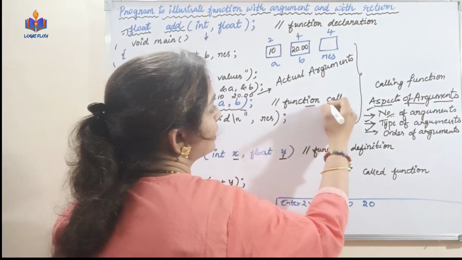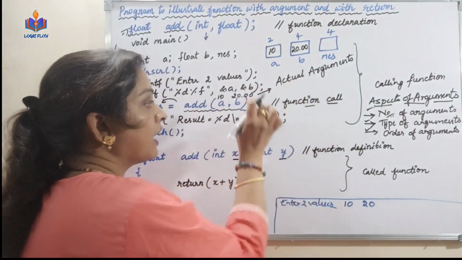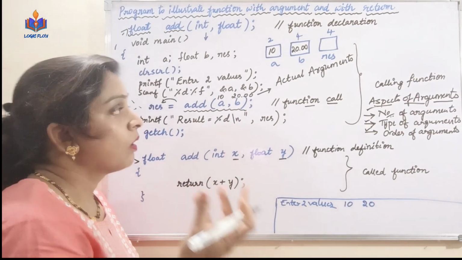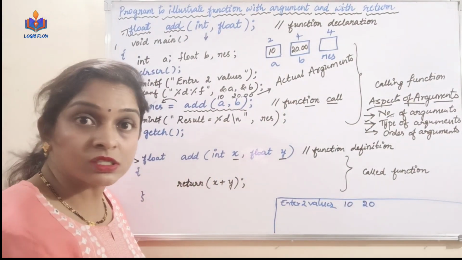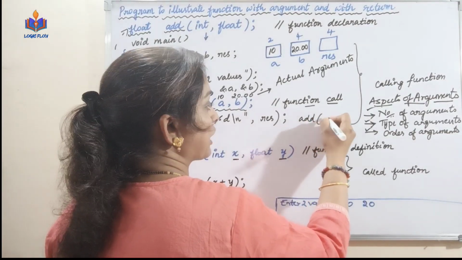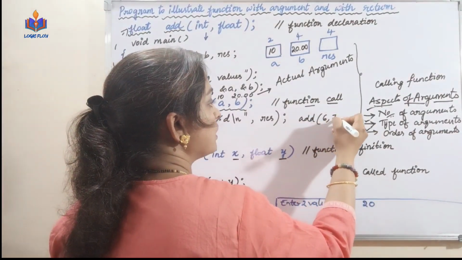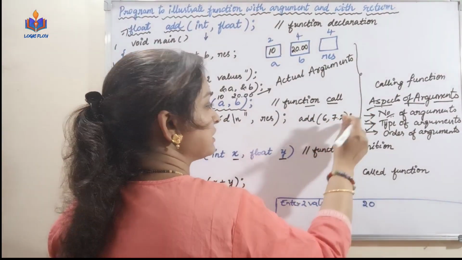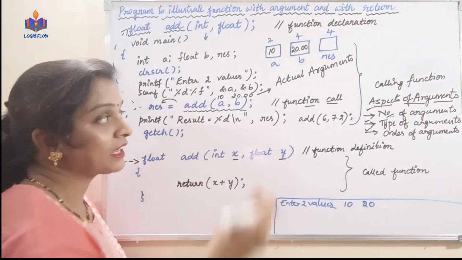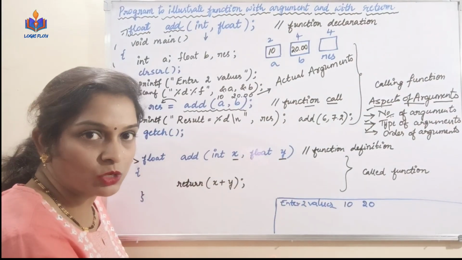This argument can be a variable or sometimes a constant also. I can have the function call like this also, with actual values, say 6, 7.2, depending upon the number of arguments, type and order. I can straight away pass some constant values.